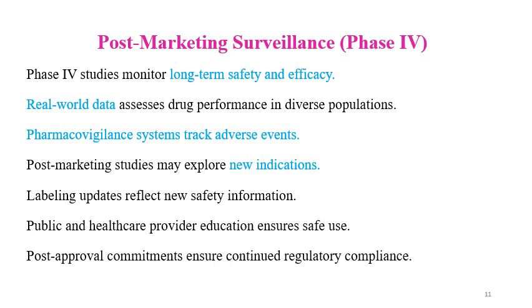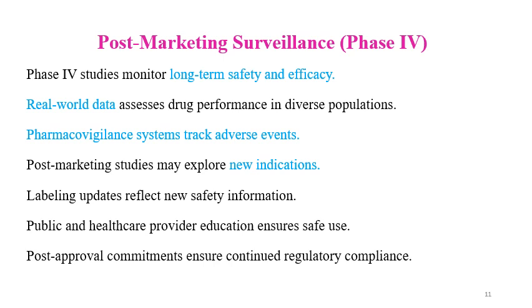Pharmacovigilance systems track adverse events. Post-marketing studies may explore new indications as well. So this is the most important data to have complete understanding about the drug effect in the larger population.